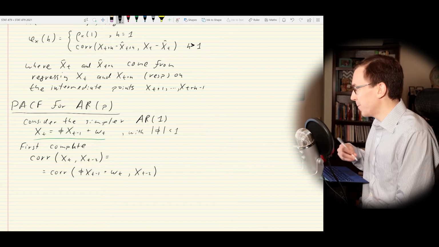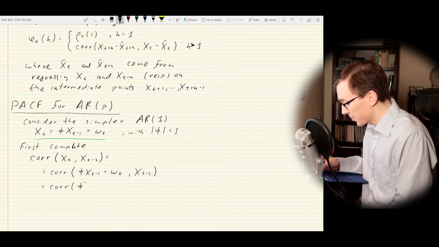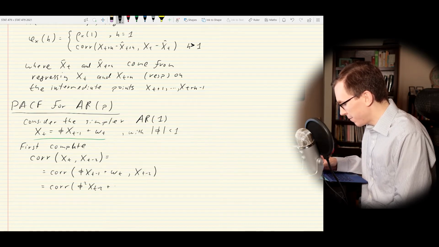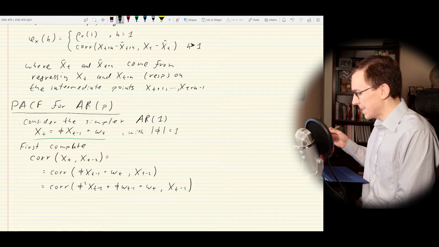Well, if we apply that one more time, then we can get further down into this recursion, and we end up with a phi squared x_{t-2} plus, in this case, a phi w_{t-1}, and the w_t is still just sitting there unchanged from the previous line, as is the x_{t-2}.